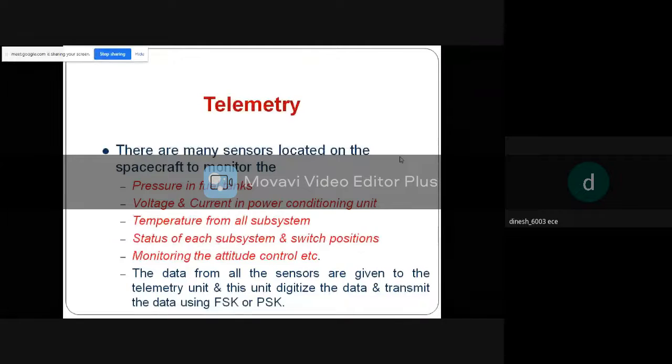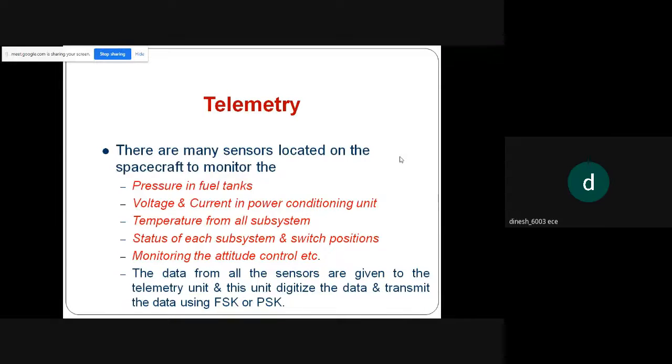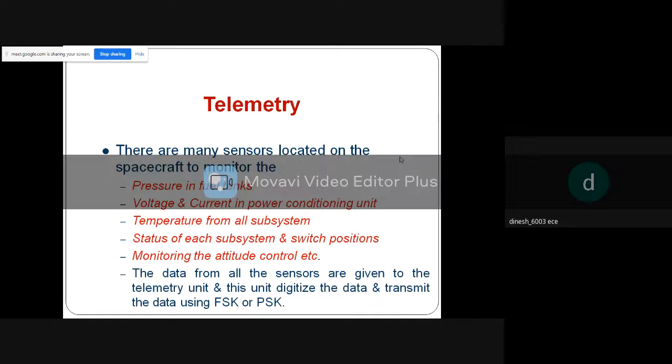So there are many sensors located on the spacecraft to monitor the pressure in fuel tanks, voltage and current in the power conditioning unit, and temperature in all the subsystems.